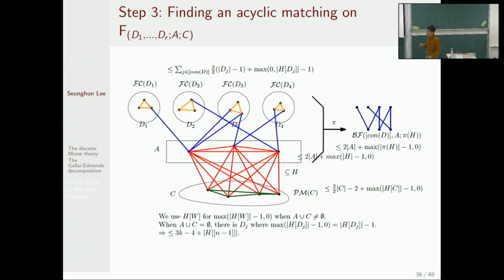But when A union C is empty, by the assumption on V, there should be an H edge in either D1, D2, D3 or D4, so some DJ should satisfy this condition. By using this minus 1, we can get 3k minus 4 plus H for H_V prime, and we can sum up the remaining H edges to get the desired bound. And this is the basic proof idea.